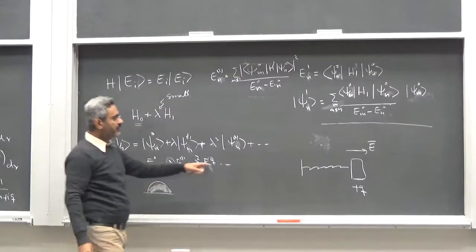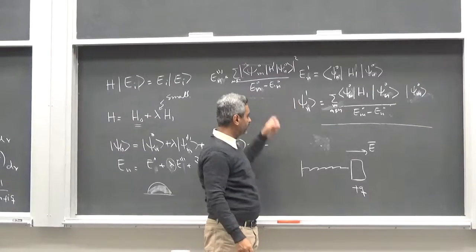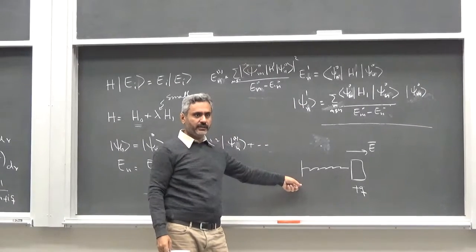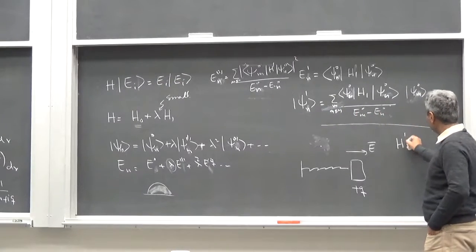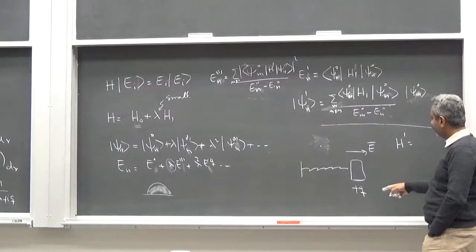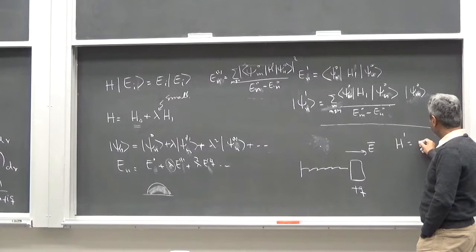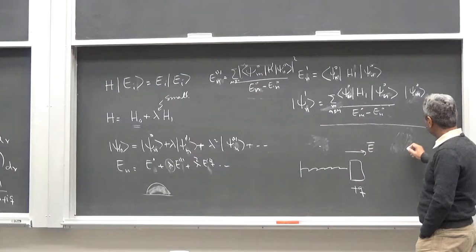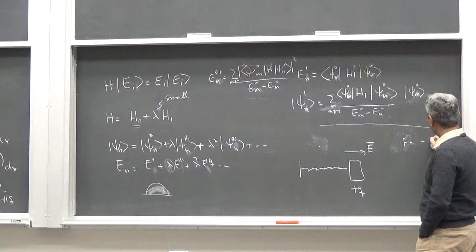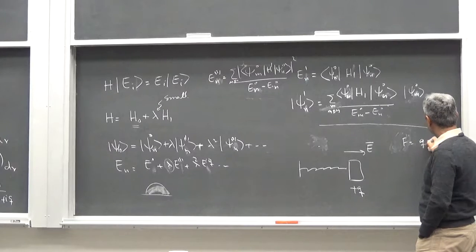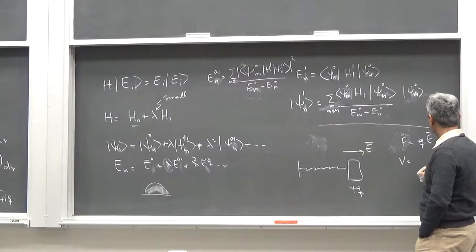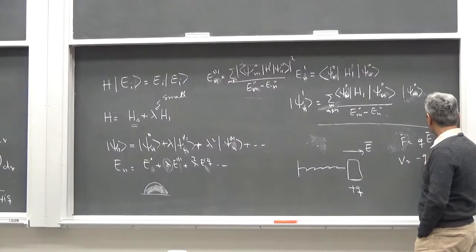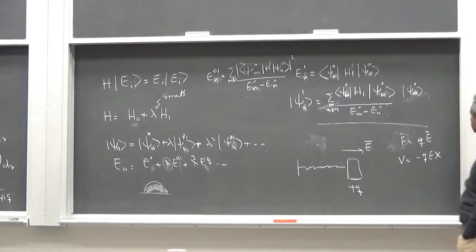So you can try and calculate all of these things for this, right? First you will have to calculate H1. H1 would be, so the force is going to be QE, and the potential is going to be minus QEx.